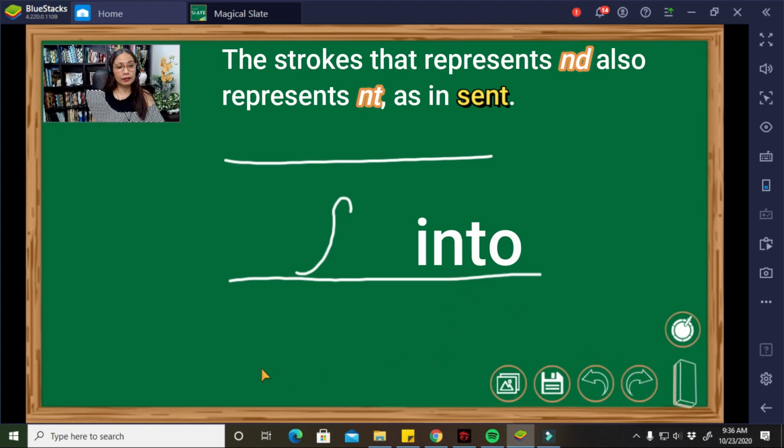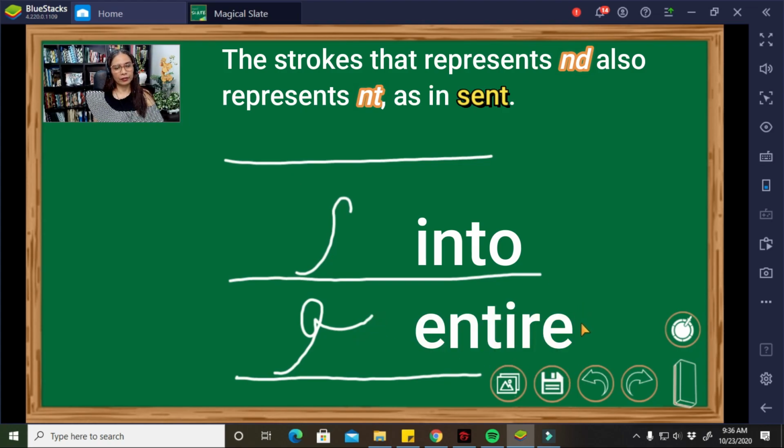Then, the last word. We have an example. This is your line. Okay, we do have a blending symbol again. Then, a broken circle. And a forward curve. The word now is entire. Very good. So that is the ruling or the principles of joining ND and NT blend.